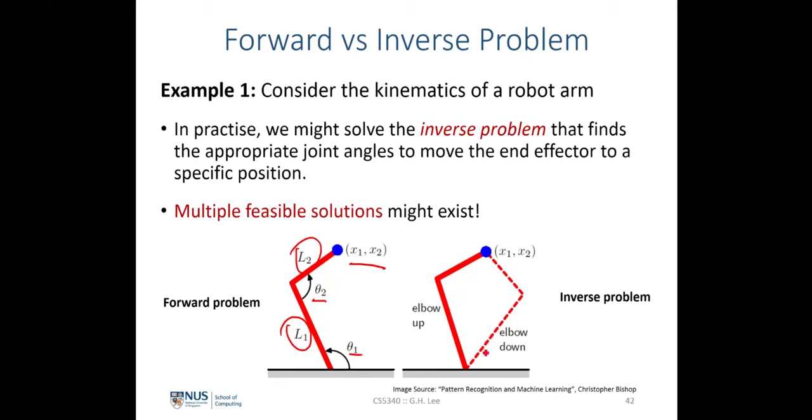There are actually two possible configurations subjected to the constraint of L1 and L2 over here, that can reach the end effector location of x1 and x2. So this would be theta 2 in one configuration and theta 1 in one configuration, and this would be theta 1 in the other and theta 2 in the other. So in this case, we say that this is an inverse problem and multiple solutions might exist. So it's not trivial to solve this problem.